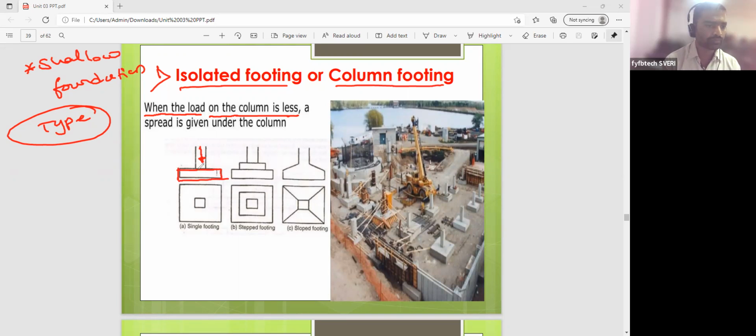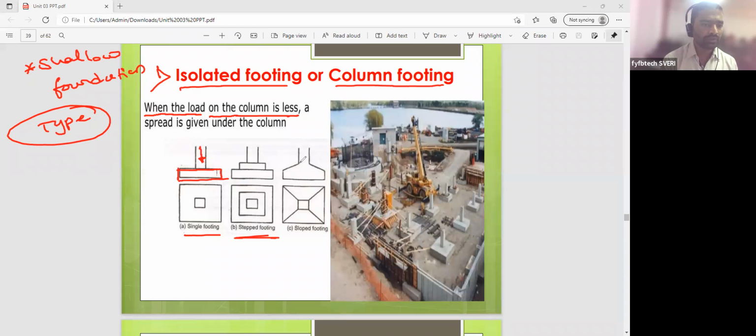You draw this diagram. This is called a single step or single footing, the step is only one. In the second one, there are two steps, it is called stepped footing.